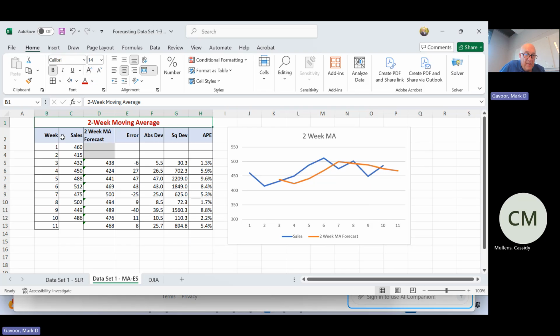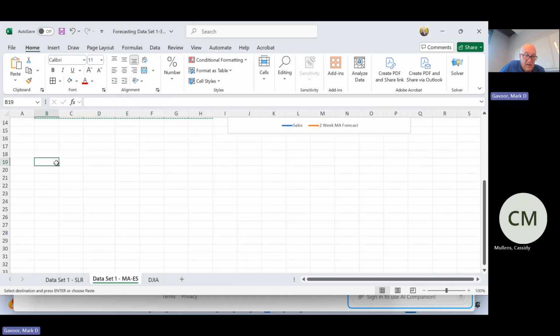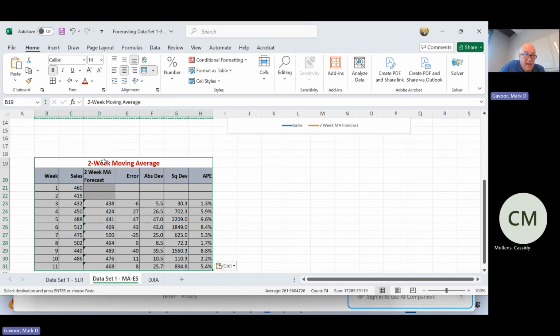Well, let me copy this all. Remember it's moving average, I can't forecast past 11 until I get an actual for 11. So let me copy this and go down here and put the same thing here. But I'm going to call it what? I'm going to unmerge the cells.